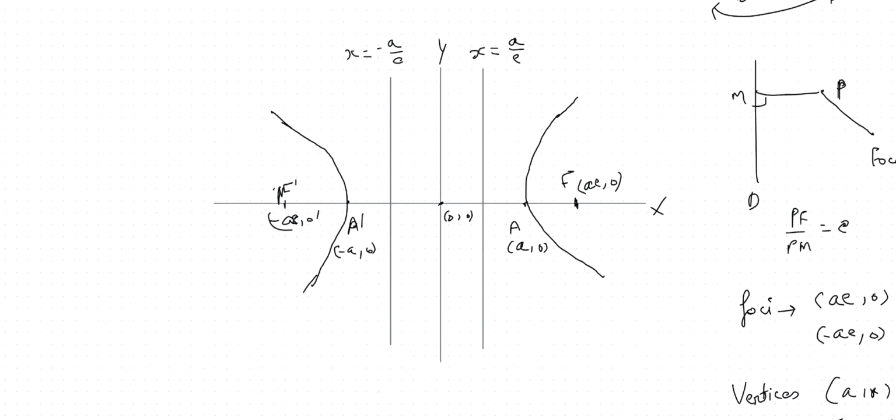Then there is something called latus rectum. So latus rectum is the chord which passes through the focus and which is perpendicular to the axis.